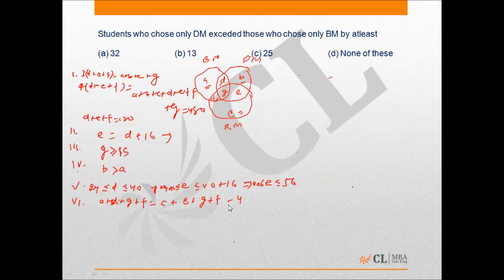And in the last statement it is given that the number of students who chose only RM was 6 times that of those who chose all the three subjects, which means C is 6 times G.